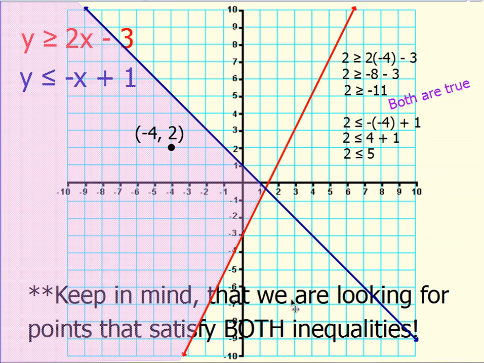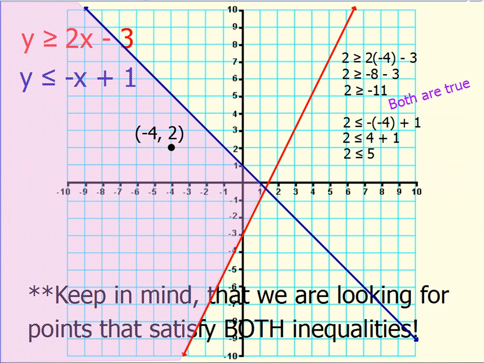I have an area down here that's not shaded anymore that would satisfy the blue inequality but not the first, and an area off to the right that wouldn't satisfy either inequality. So one option, if you don't want to take the time to shade everything, is to pick a test point from all 4 areas and see which area satisfies both inequalities.